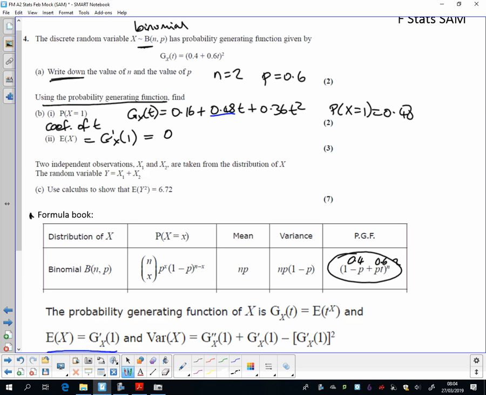If I differentiate it, I'm going to get 0.48 plus 2 times 0.36 times t, and we're going to sub in 1. That's going to give us 1.2.